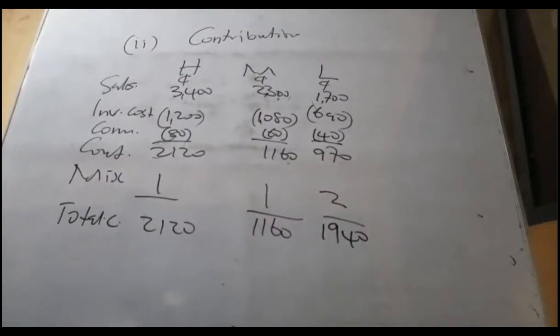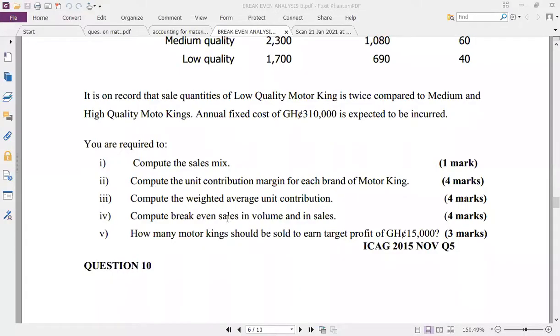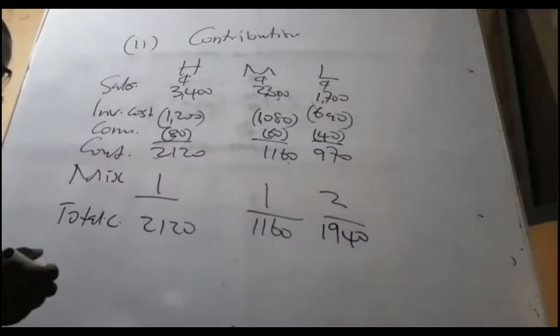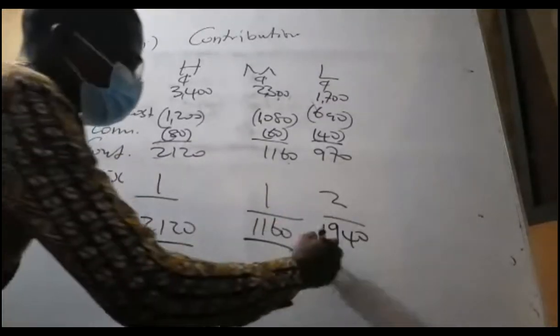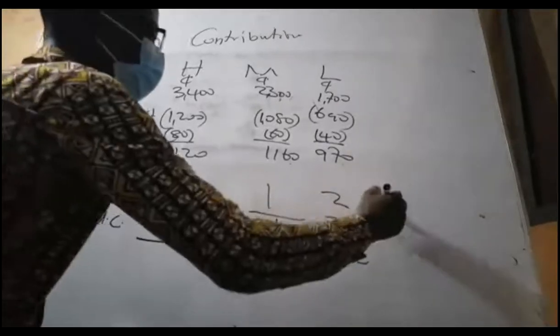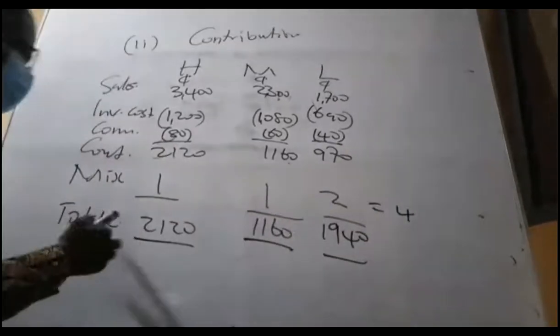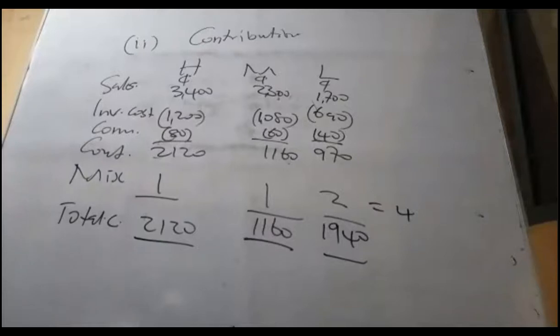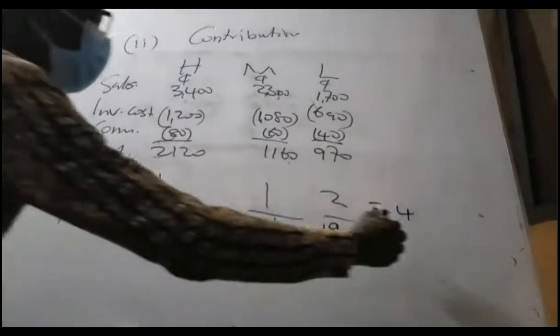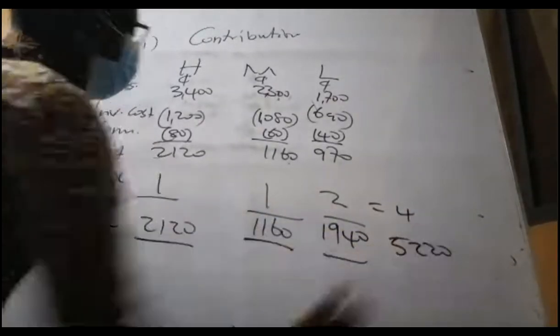What are we looking for? We're looking for the weighted average unit contribution. So that's the weighted average contribution per unit. So for that we have to get the total mix. Total mix will be what? 4. What's the total contribution? 5220, right?